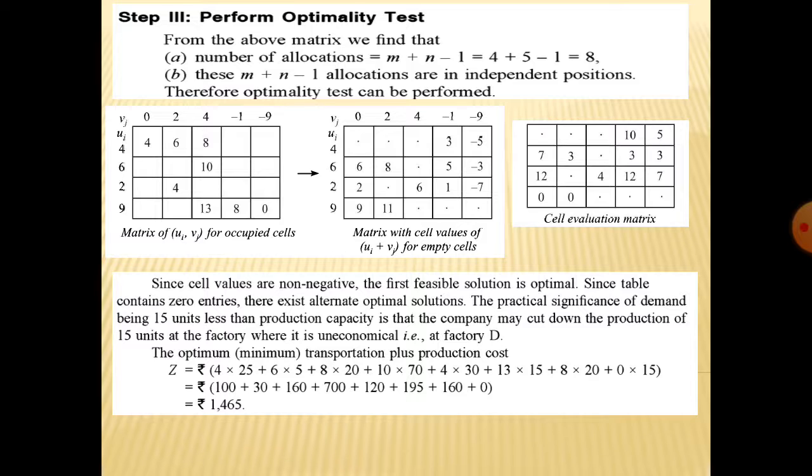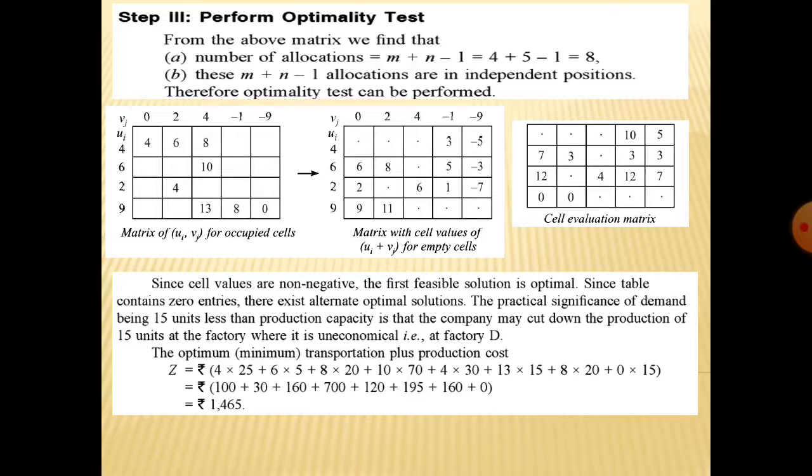Take the occupied cells to find the values of U and V. After writing the occupied cells, you should take the unoccupied cells and find the Cij. After Cij, we write down the cell allocations.